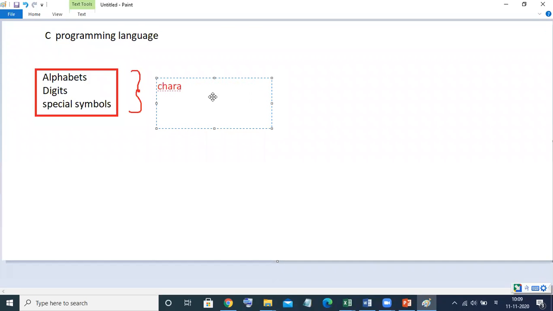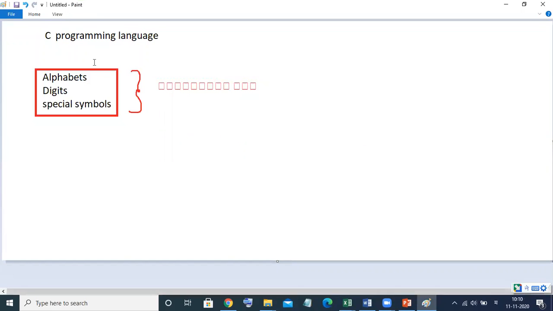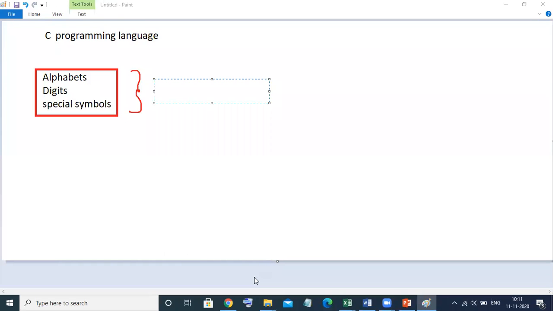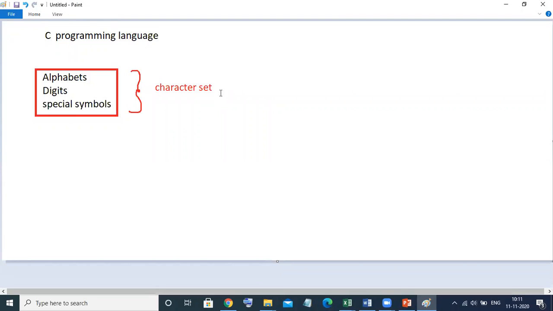It's called a character set. So how are you going to define this character set?